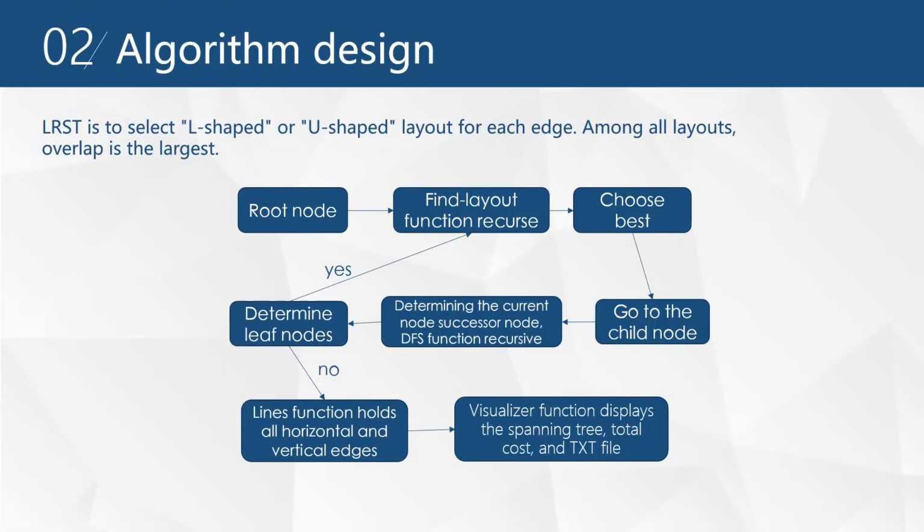I will then briefly describe the process of these two algorithms, starting with the LRST algorithm. LRST is to select an L-shaped or U-shaped layout for each edge, among all layouts, where the overlap is largest. First, build the tree.